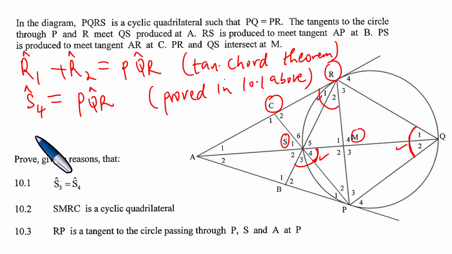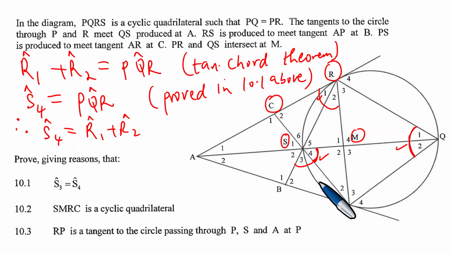What is then the conclusion here? The conclusion is therefore that the angle S4 is equal to angle R1 and angle R2. Because they're both equal to PQR, you can say that S4 is equal to R1 plus R2.